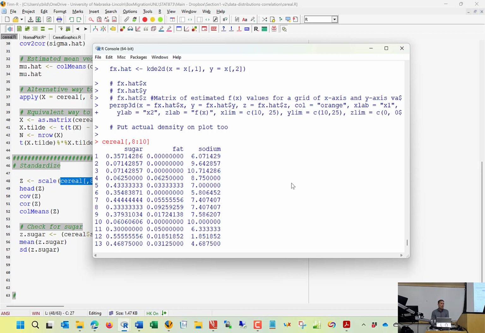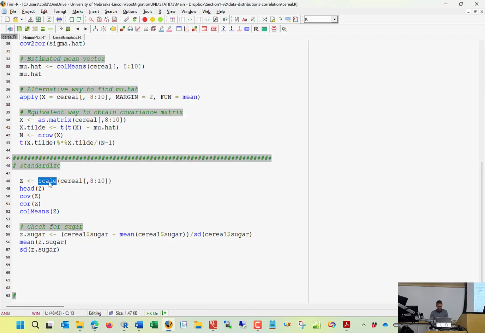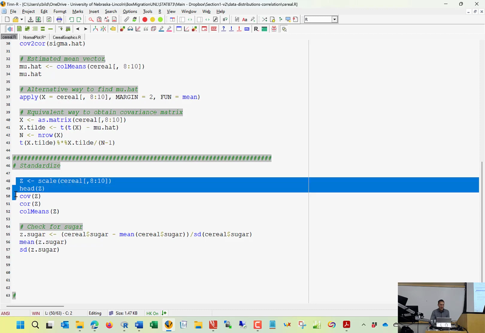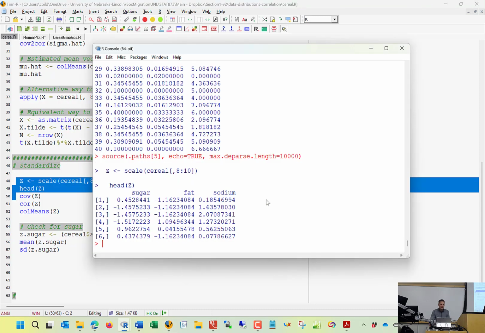Now, what I like to do is find the z's, the standardized values. In R, the function that does that is called scale. Why does it use that word rather than standardized? Well, all we're doing is rescaling our data values. So if I say scale, cereal, columns 8 through 10, put that into Z, now I have my standardized values.